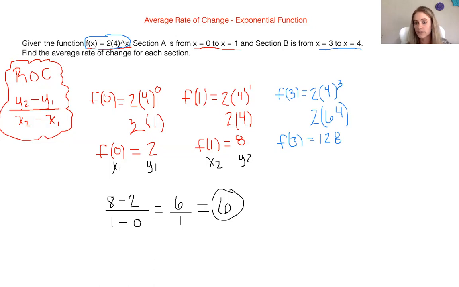X is equal to 4. So f of 4 is equal to 2 times 4 to the 4th power. So once again, that means your base 4 is being multiplied by itself the exponent number of times. So in this case, 4 times. So 4 raised to the power of 4 is 256.